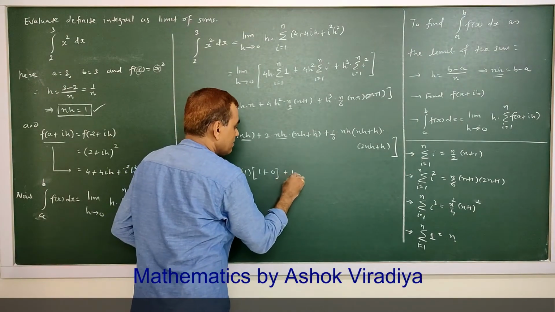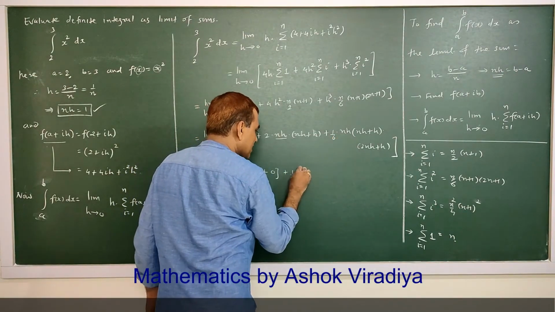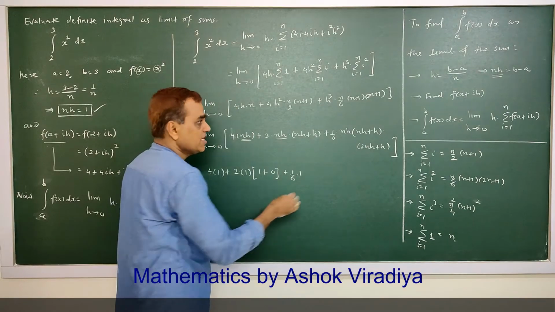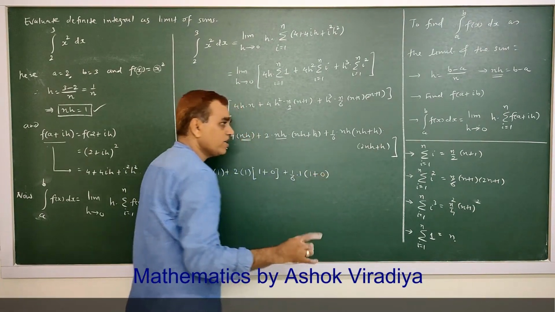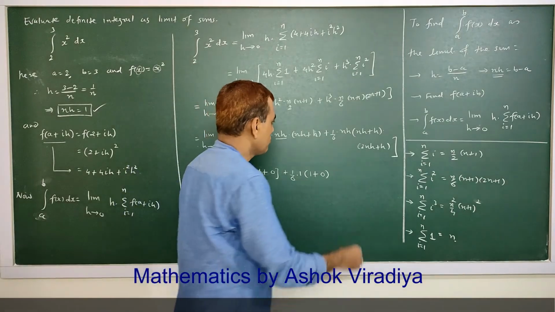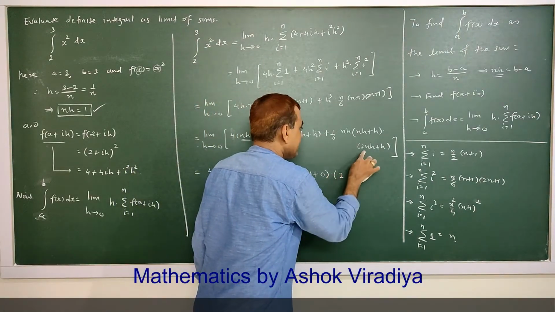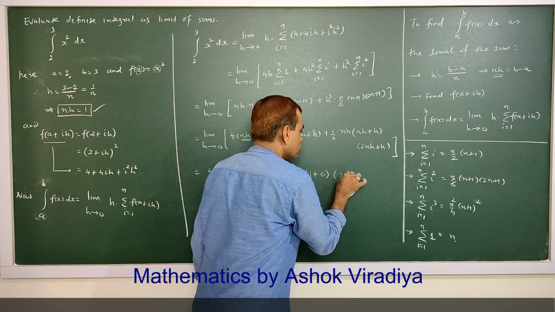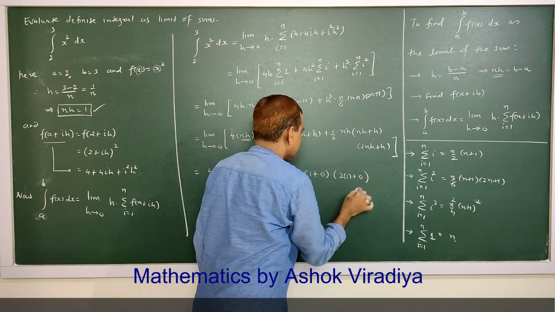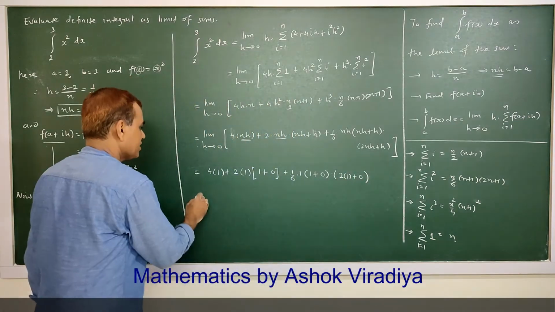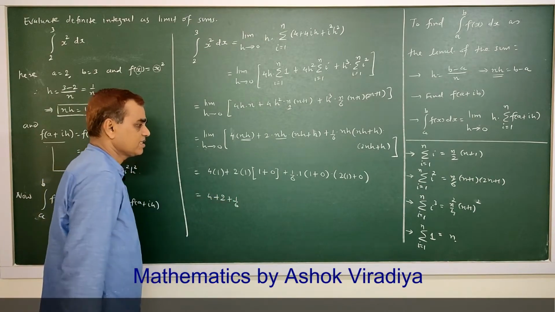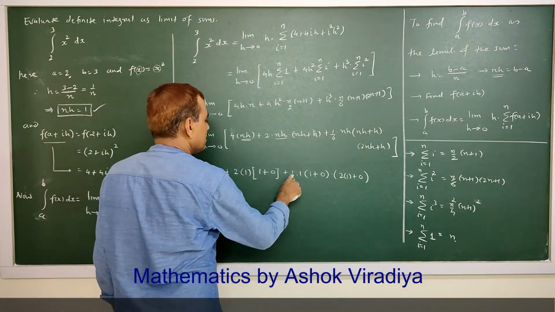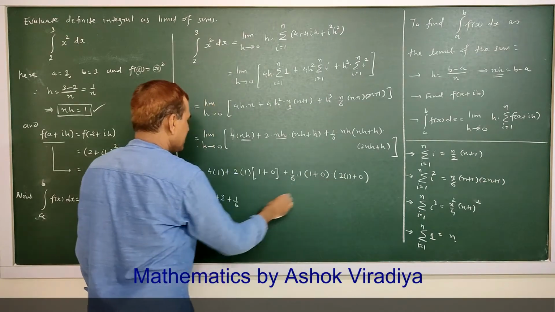Plus 1 by 6 into nh, which is 1, but h alone is 0, into 2 into 1 is 2, plus 0. So that is 4 plus 2 plus 1 by 6 into 2, that is 1 by 3.